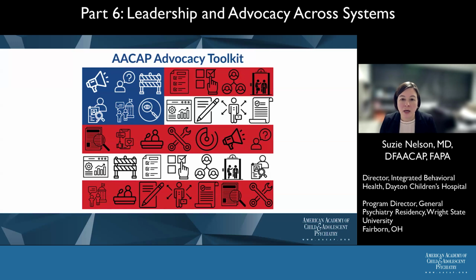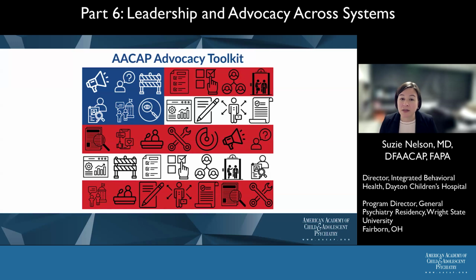Advocacy isn't about always making a trip to the state legislature, although it could be. But things like making sure your voice is heard, developing your elevator pitch, how to write letters appropriately, and how to track data and outcomes and communicate that in ways that matter to the people to whom you need to advocate for this change.